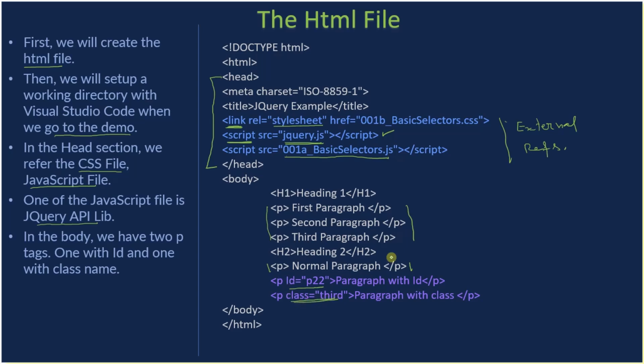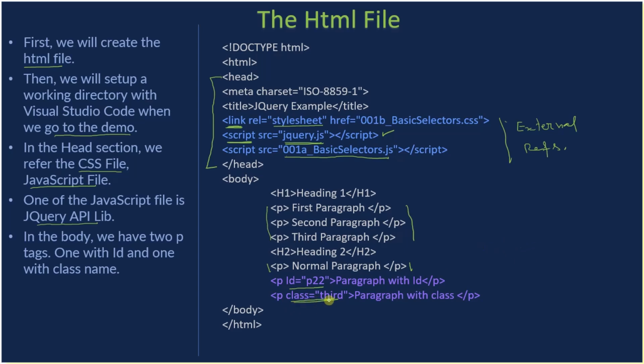So ID is useful to pick a specific paragraph uniquely. Why? Because here the ID is p22 and it can be used only once. And when you name your element with an ID, it will be useful when you are picking the element later. Those things we will see in the coming videos.